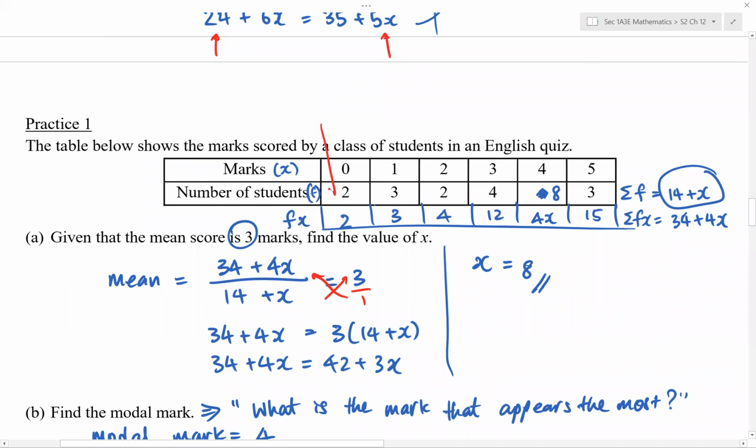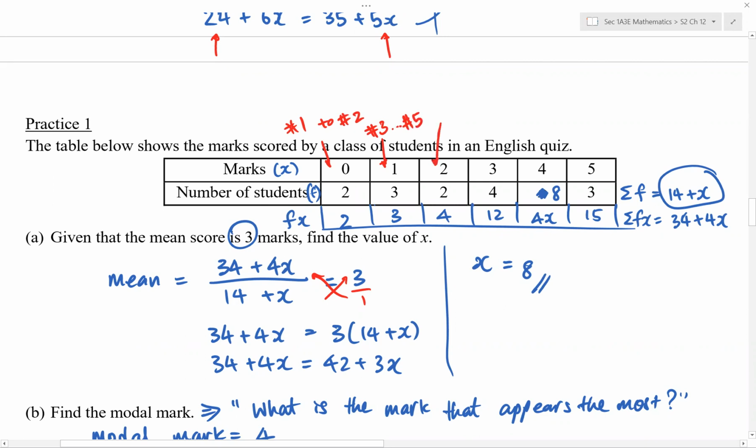So for 0 marks, we've got position number 1, 2. For the 1 mark, students who obtain 1 mark, we've got position number 3 all the way to position number 5.